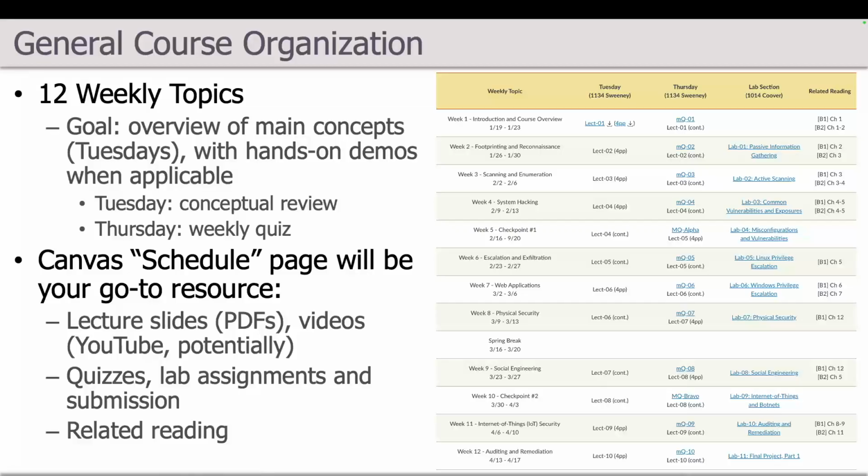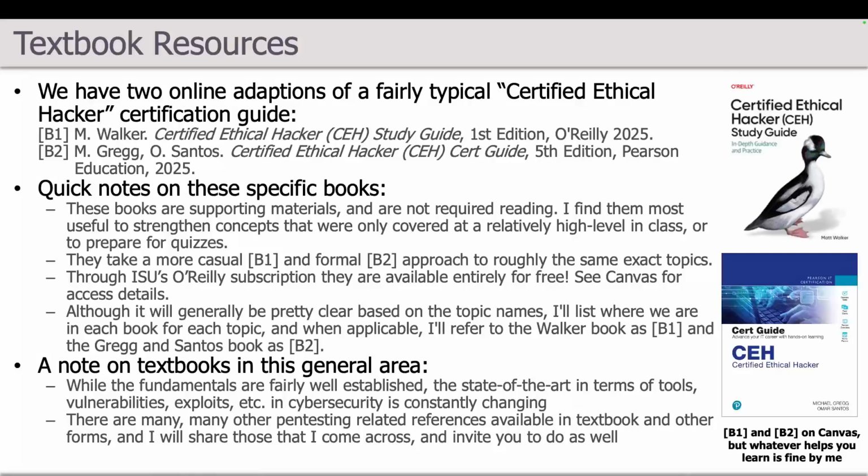Find the lecture slides. If I get videos working, you might have seen me struggling with the technology here. If I get my videos working, I'll just post those on YouTube in case you want to review things. That's where all the actual submission and grading will be taking place as well, as is pretty standard across, I think, all of your other courses here, as well as what I list as the related reading, because we do have available to you 2 online adaptions of what I would call a fairly typical certified ethical hacker certification guide as the backing material for this course.